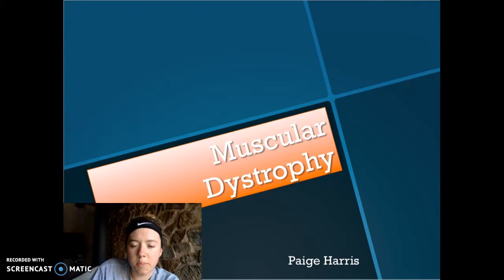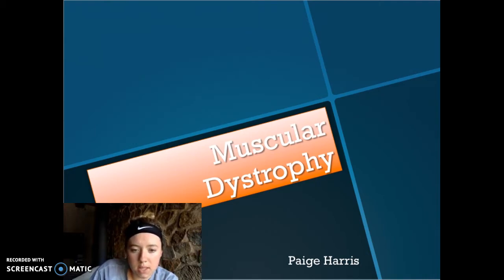So basically, I'm going to start by giving you a general idea of what it is, and then we will look at a more narrowed focus on a specific muscular dystrophy disease and the research that's been done, and its causes, different types of treatments, medications, how to exercise if you do have muscular dystrophy, which is extremely beneficial.